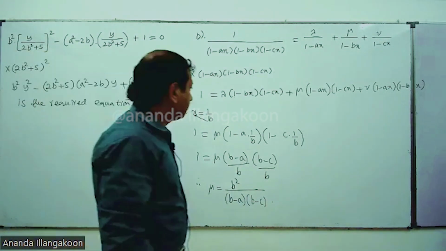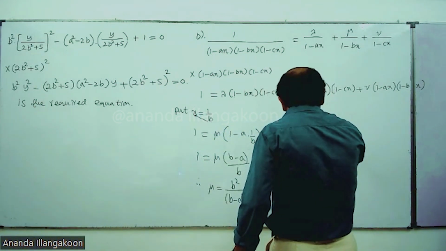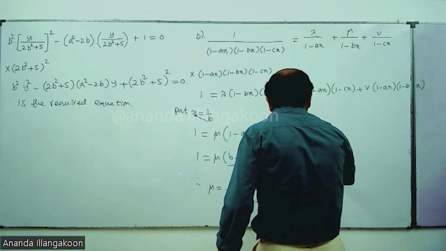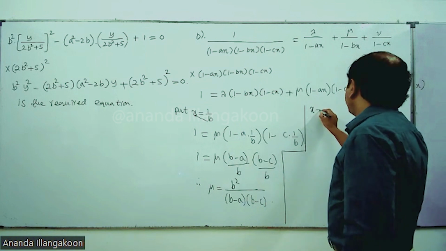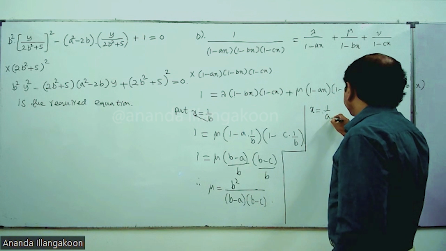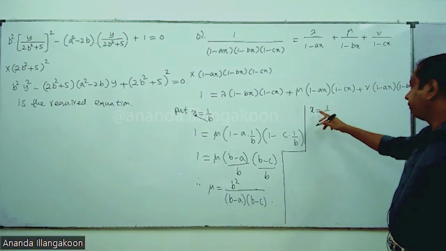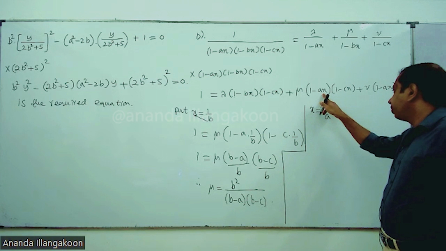Secondly, we'll put x equals 1 upon a. When you put x equals 1 upon a, what happens? X equals 1 upon a means ax equals 1.